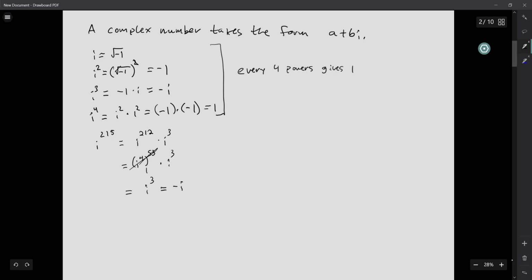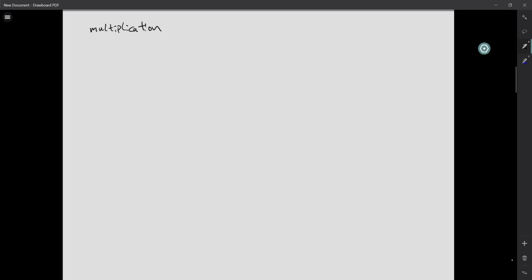Now, I'm not going to do addition and subtraction with complex numbers because that's just going to be combining like terms, and we'll probably hit it incidentally when we do the more complicated step of multiplication. So let's just pick a couple of numbers. Let's say 2 minus 3i times 4 plus i.